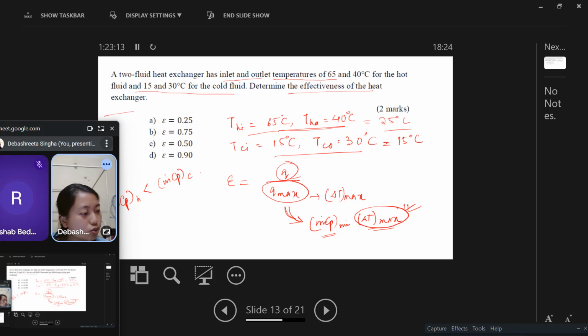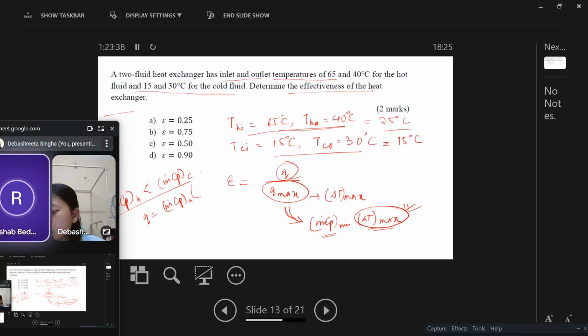So we can write this Q in both the ways. If we take this, Q should be MCP H. Ma'am, how will we take MCPH in this question because there is only one temperature?